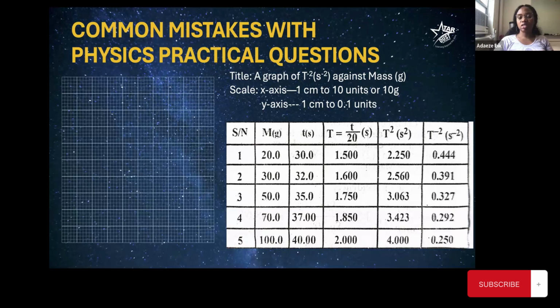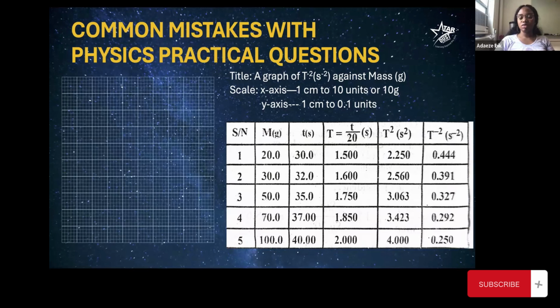So your y-axis is T raised to power minus 2 and your x-axis is mass. So a graph of T raised to power minus 2 against mass automatically tells you your y and your x. For every one of these experiments, the examiner is looking for your title. So you have 1 mark for the title, well written with proper units. If the units are not correct or they are missing, you lose half a mark.